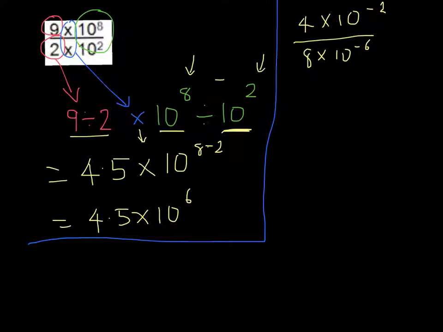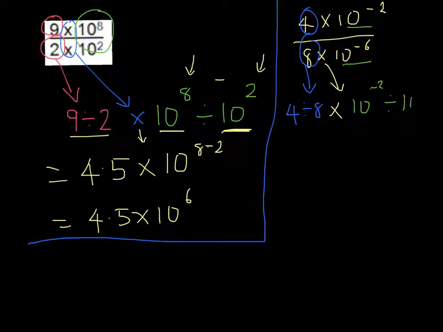Let's look at this final example. So same thing applies with these two really small numbers. So the coefficients will have 4 divided by 8. The times by symbol will stay the same. We'll be multiplying it to the power of 10 to the power of negative 2 divided by 10 to the power of negative 6.